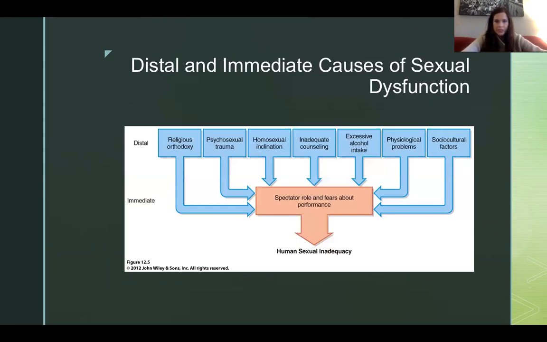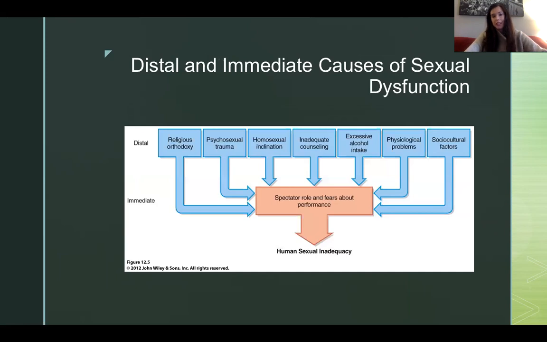So all of these different things can come into play, and then in the immediate moment, it boils down usually to fears about performance or shame about performance, or feeling like they shouldn't be doing something that they're doing. So that could come from the religion or even a psychosexual trauma. And if there are some sexual orientation issues that haven't been explored, maybe that could be coming out in the moment.